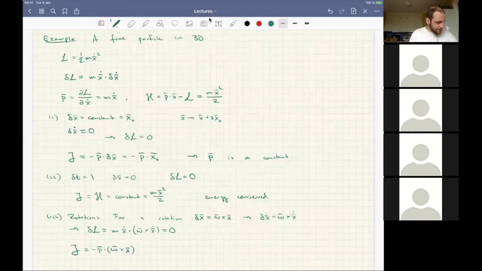I can rewrite this as omega, just by cyclic permutation, p cross x. And since omega here is constant but arbitrary, we have rotational symmetries about all of the axes, this means that p cross x is constant. So this is conservation of angular momentum.